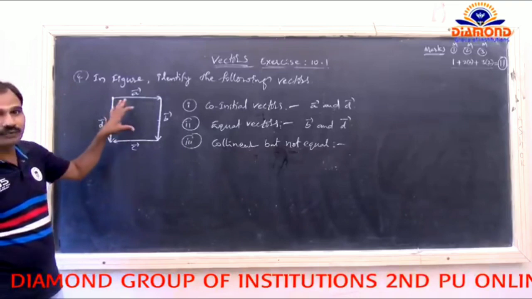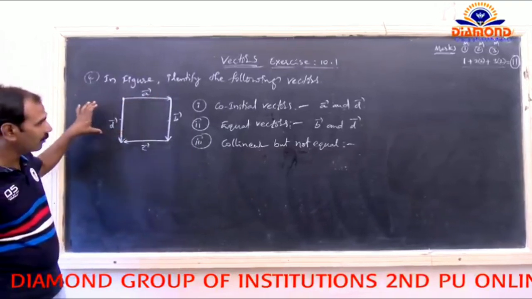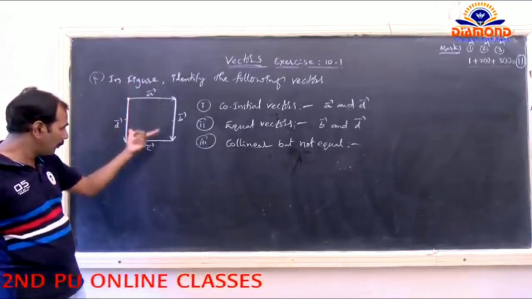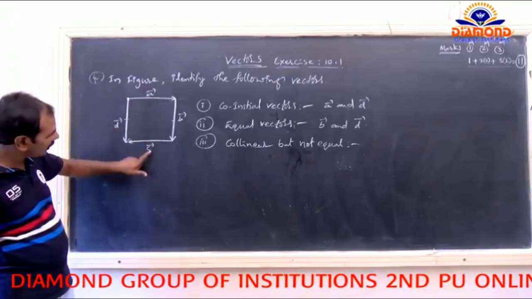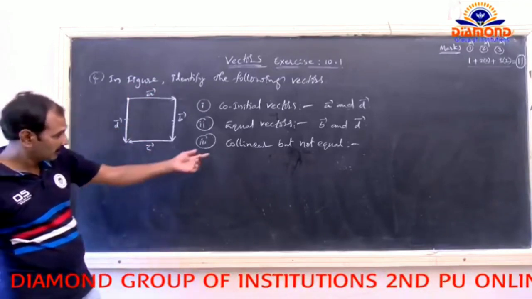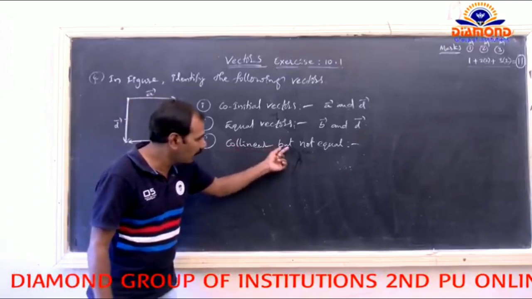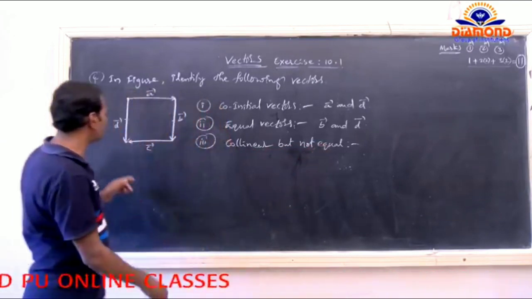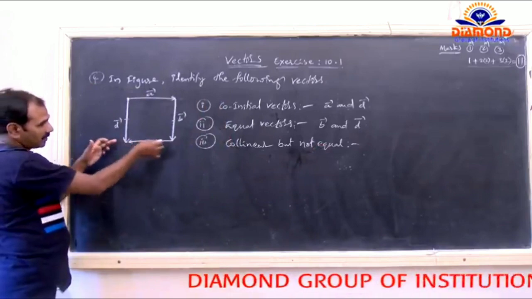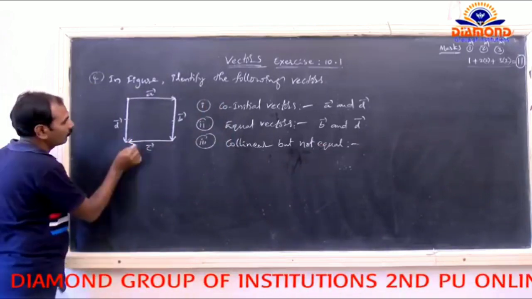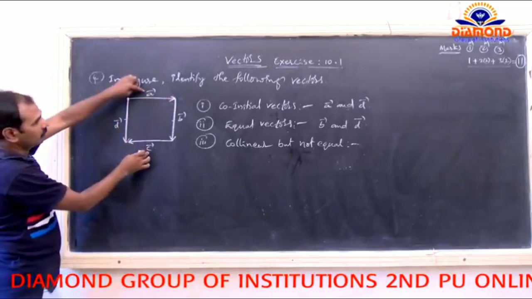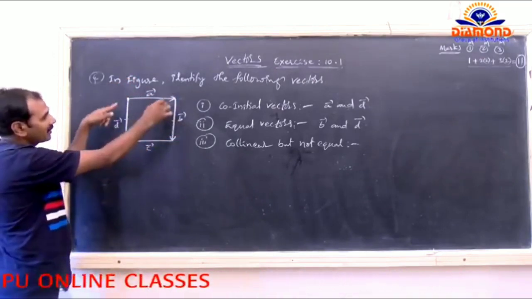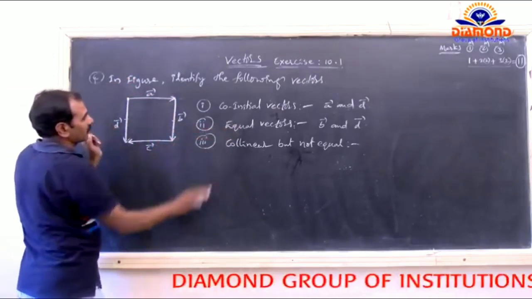Collinear means the vectors are parallel to the same line, means B and D also collinear vectors, A and C also collinear vectors. But here collinear but not equal means direction opposite. So which vectors direction opposite?